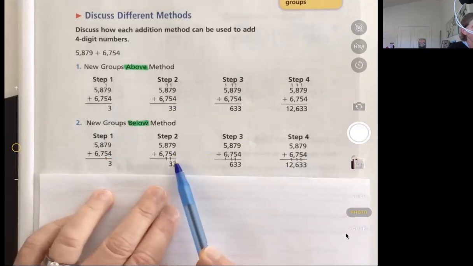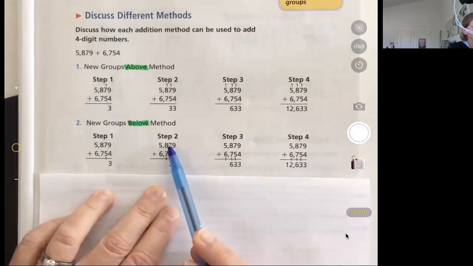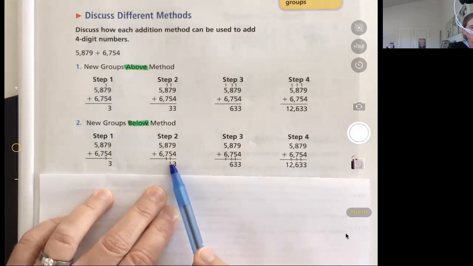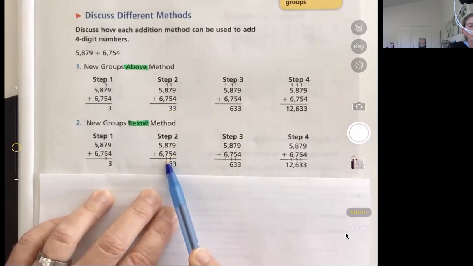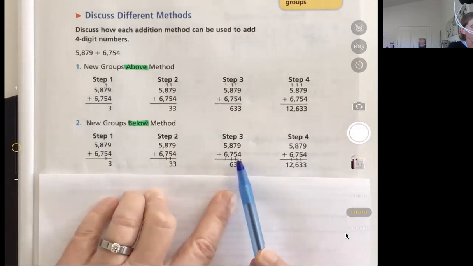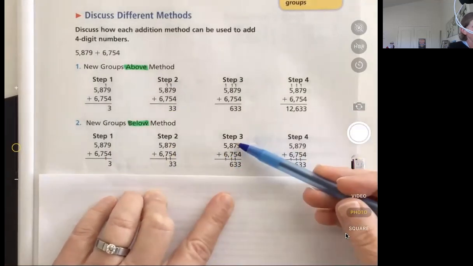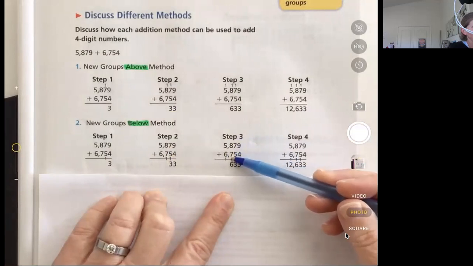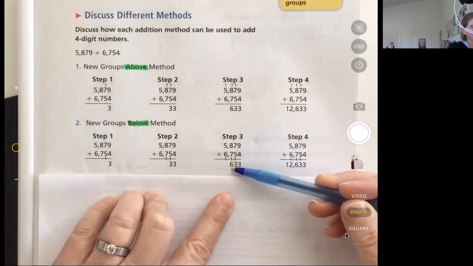Step 2, I'm now in the tens place. 7 plus 5 is 12, plus my one new group is 13. My 3 goes down, and my new group is below in the hundreds place. Step 3, I'm in the hundreds place. 8 plus 7 is 15, plus my one new group makes 16.